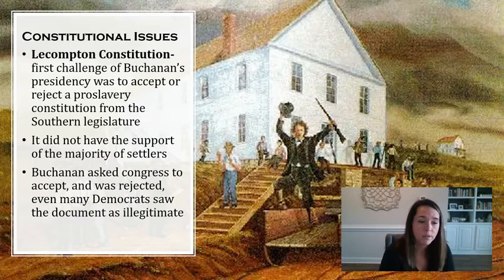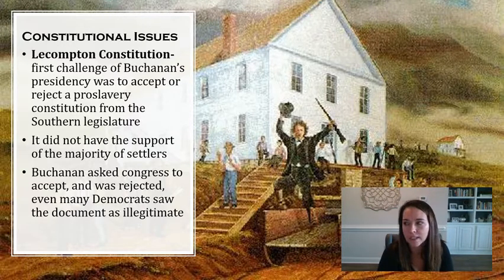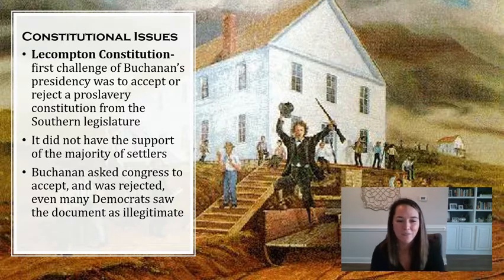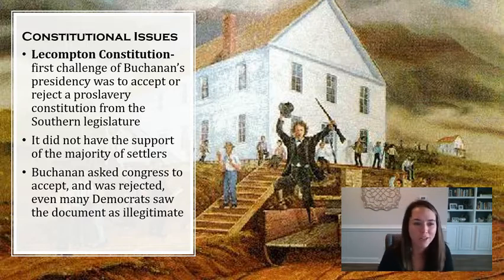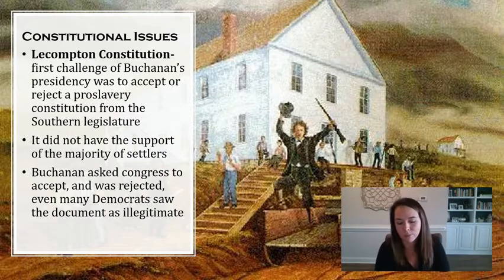Buchanan, however, asked Congress to accept it. But even certain Democrats in Congress were like, this is not right. This is country above party. Like, you just have to do the right thing. And so a lot of them saw it as illegitimate. They did not accept it.